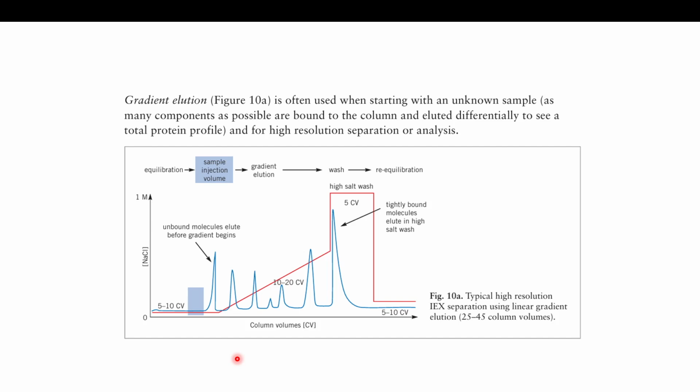So what happens is there are pumps inside. One pump will hold a very low imidazole concentration buffer, and the other will hold the 500 millimolar imidazole buffer. Now the machine is given the command in such a way that it will take 100% of low imidazole buffer first, and then slowly 99% of low imidazole buffer and 1% of 500 millimolar imidazole buffer.